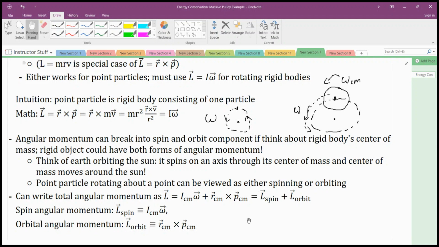If the rigid body is both spinning and orbiting, it will be easier to break up its motion into both spin and orbital angular momentum components in order to calculate it. And in that case, you're applying r cross p to its center of mass, which conceptually is reducing the rigid body to a point particle anyway, and the I omega is being used for the angular momentum of the rigid body about its center of mass.